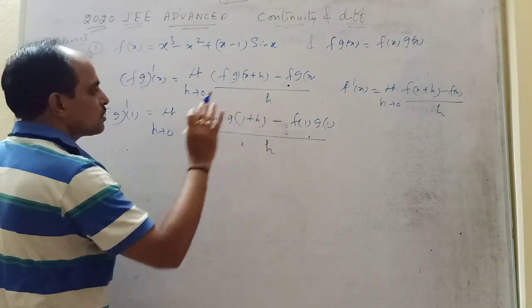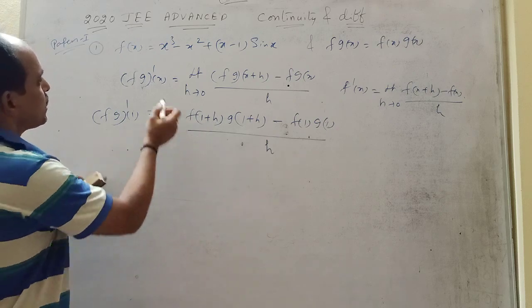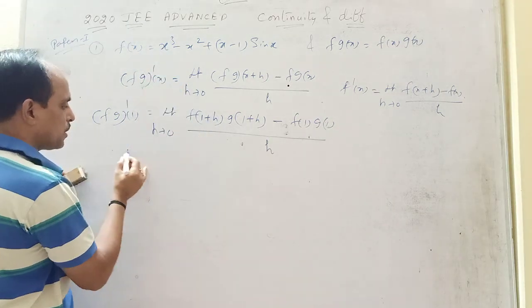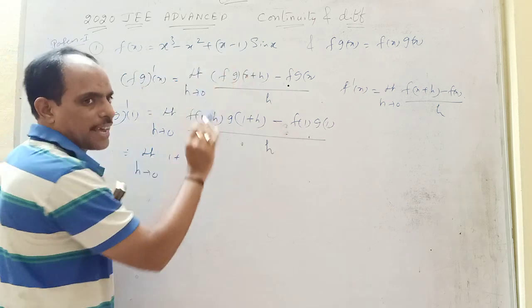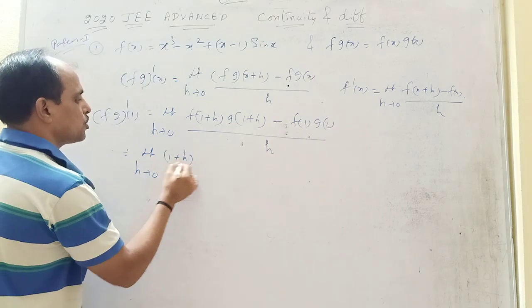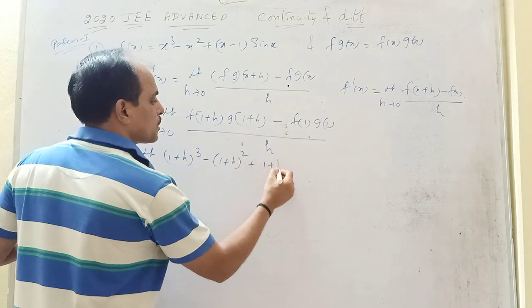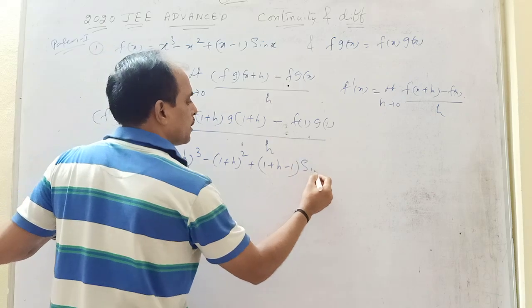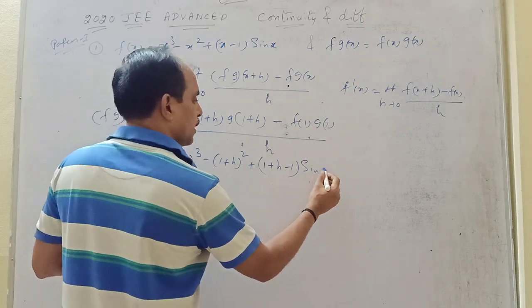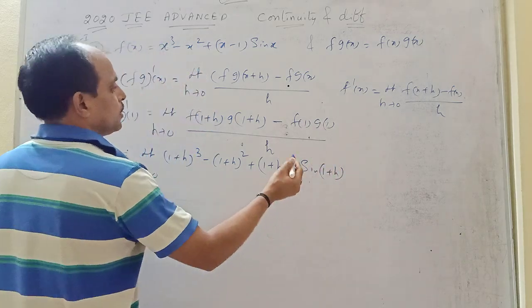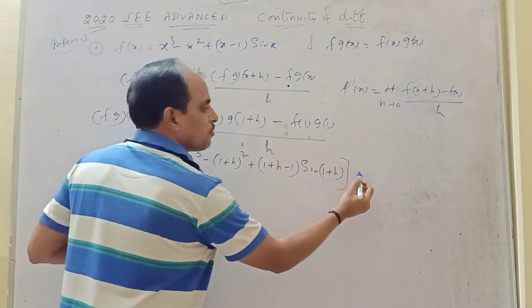What about f of 1 plus h? f of x is equal to this one, so f of 1 plus h means you replace x with 1 plus h. That is 1 plus h whole cube, minus 1 plus h whole square, plus 1 plus h, minus 1, into sine of 1 plus h, into g of 1 plus h.